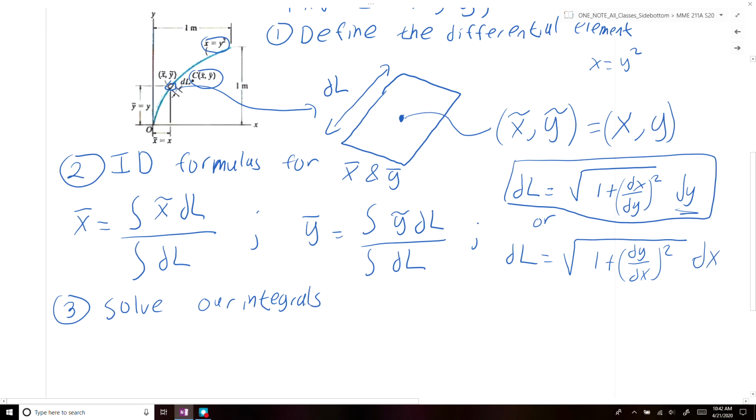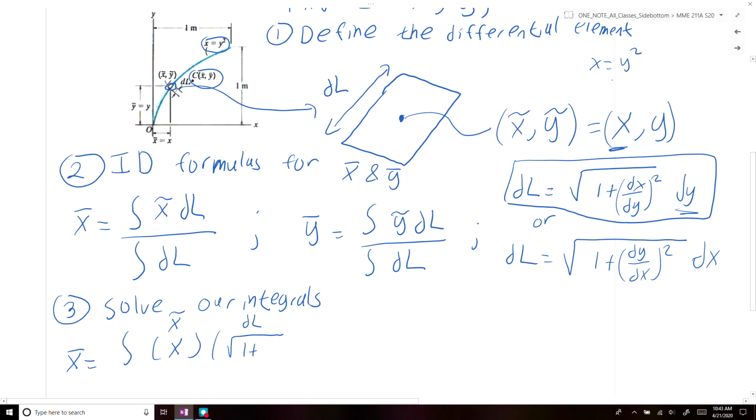If we solve our integrals, x bar is going to be equal to the integral with x tilde, which we substitute in, and x tilde is just equal to x. Then for our dl term, we're going to use the square root of 1 plus dx with respect to dy.